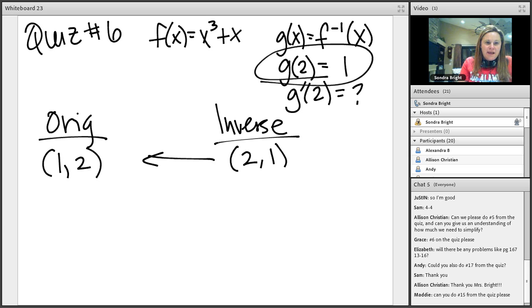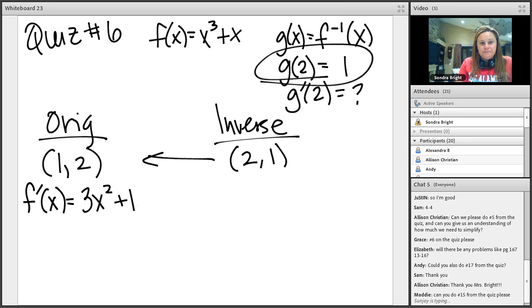All right, now take the derivative. So you're finding the slope right now of your original function. The derivative of your original function would be 3x squared plus 1. You want to plug in the x value into that guy. So f prime of 1 would be 3 times 1 squared plus 1, which is 4.